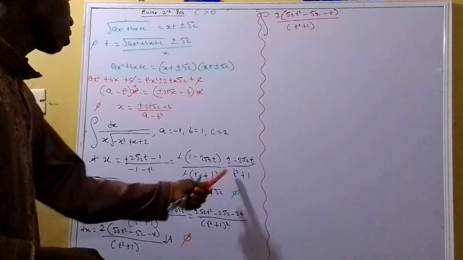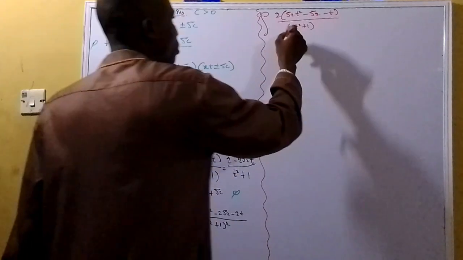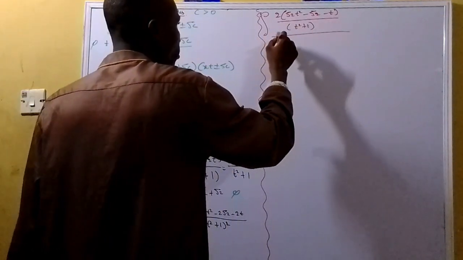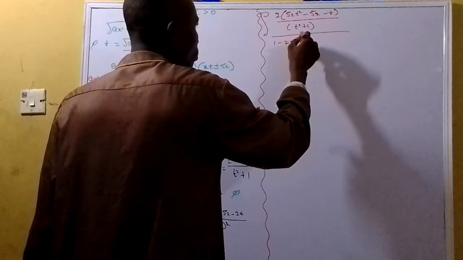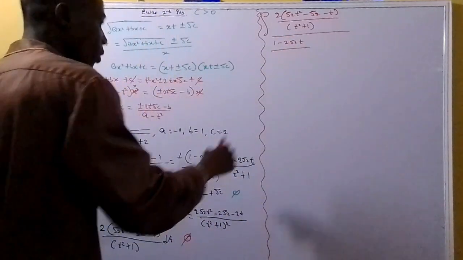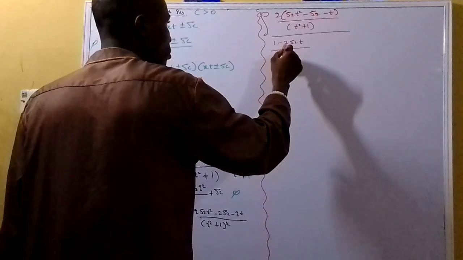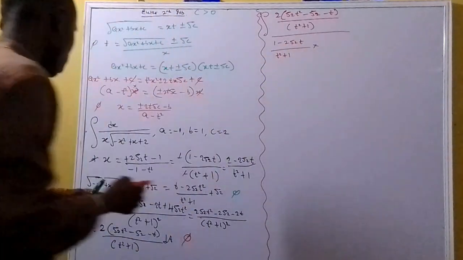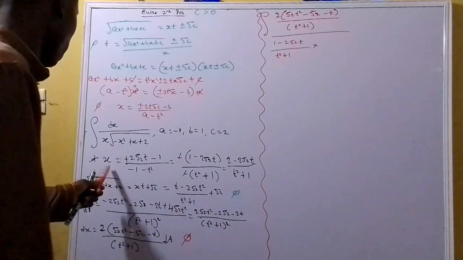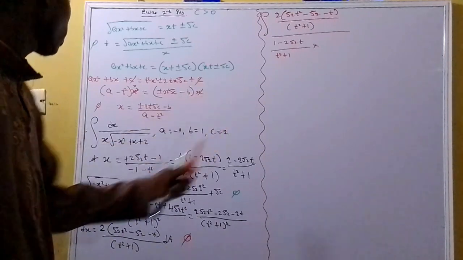Our x is what? 1 minus 2 root 2t over t squared plus 1, then times our value for this, that's times our root of everything here.